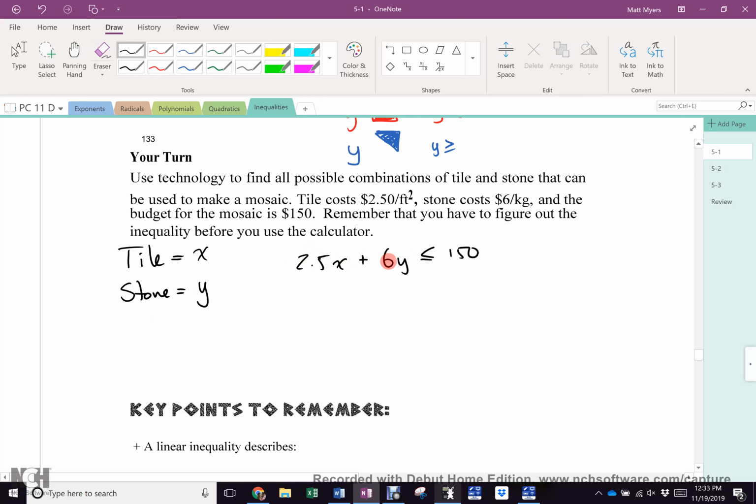So 6y has to be less than or equal to negative 2.5x plus 150. Y has to be less than negative 2.5 over 6x plus what? 25. And now it's pretty easy to do on paper, yeah? Because what is 2.5 divided by 6? Well, when you use your calculator, what do you get?